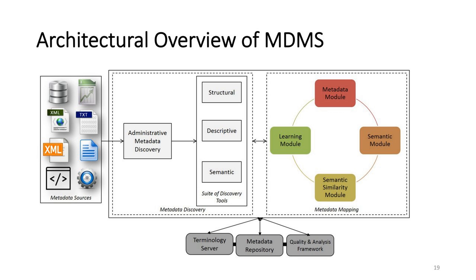So this is a deeper look at what we are thinking about the proposed architecture of the metadata discovery and mapping service. When a metadata source is provided, first the administrative metadata is discovered, followed by structured, descriptive, and semantic metadata using various components of the metadata mapping service, which includes a metadata module, a semantic module, a similarity module, and a learning module.